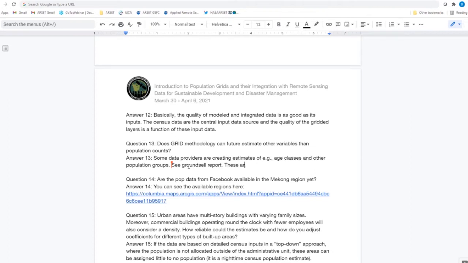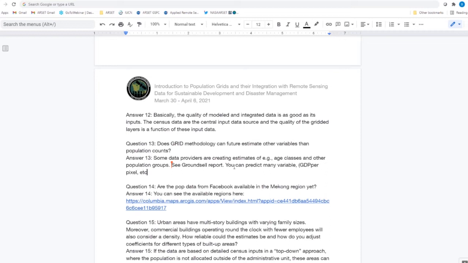And if you're interested in variables other than population counts, of course, age and sex have been done, but you can actually use a similar gridded modeling approach to predict many different variables. It's been used, I know, to predict GDP per pixel, for instance. So the proportion of gross domestic product in dollars, purchasing power parity, if you're familiar with that measure, per pixel has been predicted using methods similar to what's used in some of the population models.